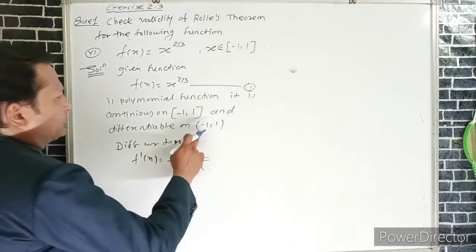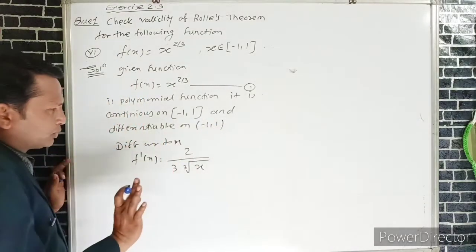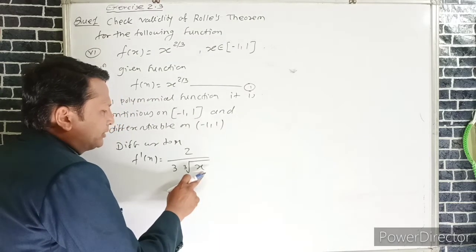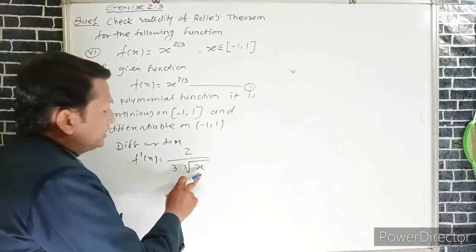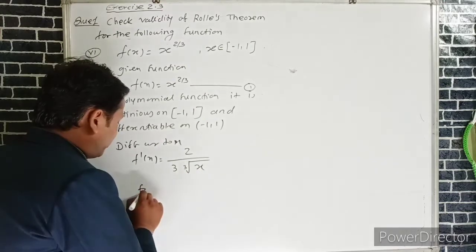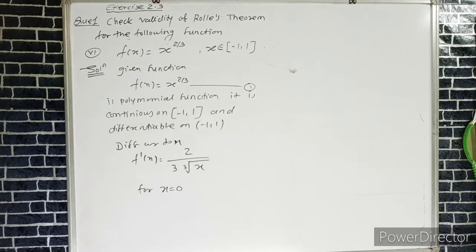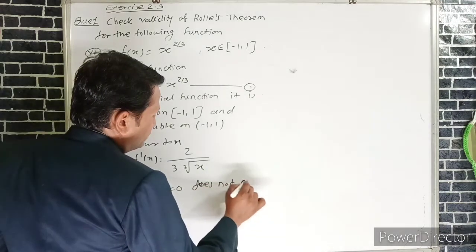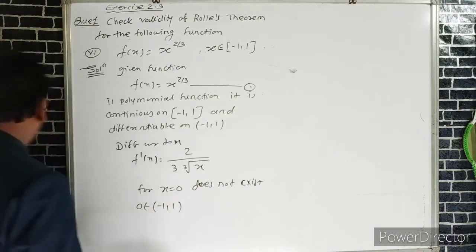If we substitute the value in between minus 1 and 1, which is 0, then the value will become infinity, because when the denominator becomes 0, the value is infinity. So for x equal to 0, we can say that f dash of x does not exist, and 0 belongs to minus 1, 1.